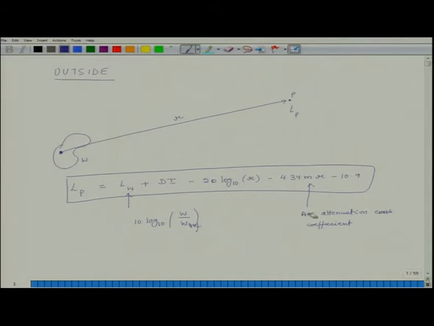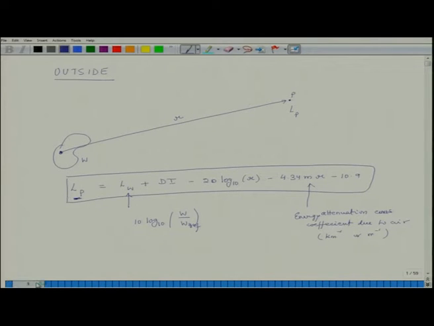Actually, I will not call it air attenuation coefficient, it is the energy attenuation coefficient due to air, and its units are typically kilometer inverse or meter inverse. So, this is what we had done. If we are outside in free space, and we are at a distance r away, then this is the sound pressure level we would expect to listen to.